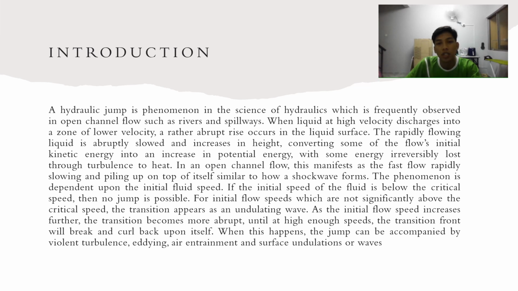And for this experiment, we use a tailgate and we change the height of the sluice gate in order to observe and produce the hydraulic jump. And we measure the height or depth of the flow before and after the hydraulic jump.